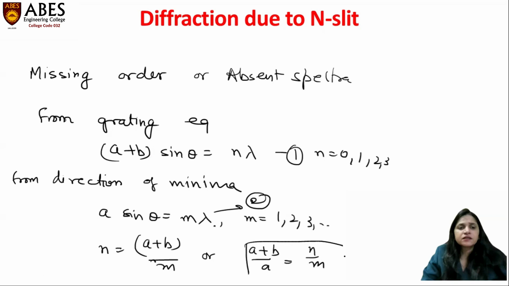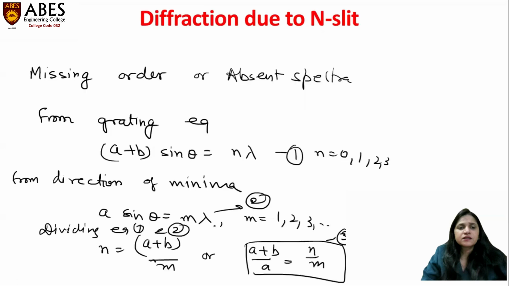Let us mark this as equation number 3. So it is very clear that dividing equations 1 and 2, we get (a plus b) by a equals n by m.